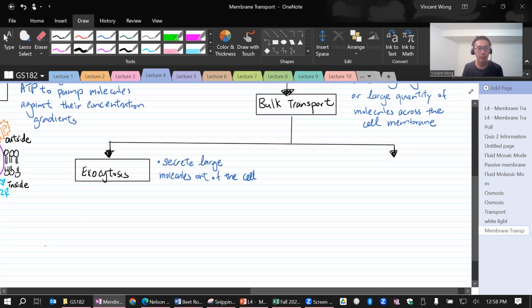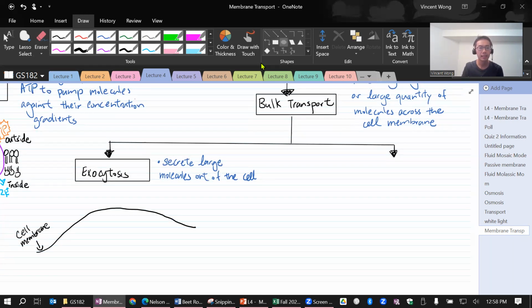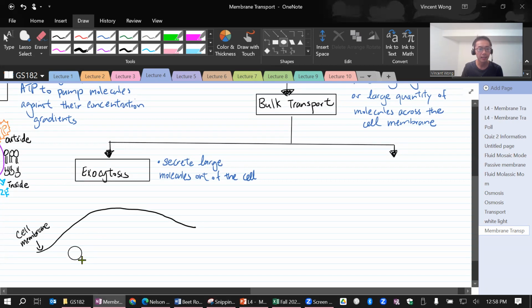Now maybe watch how I draw the picture first, and then you can draw it with me. So this is the cell membrane. This is the inside of the cell. This is the outside. Let's say I have a vesicle. This is a vesicle.